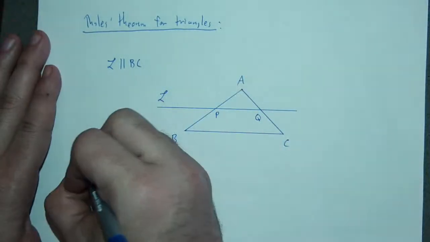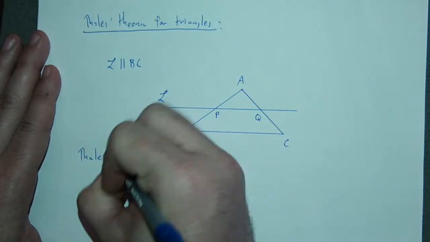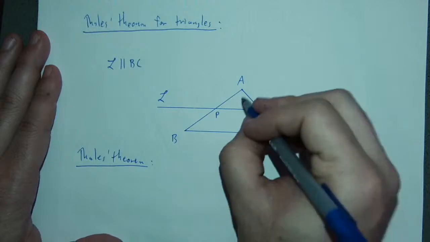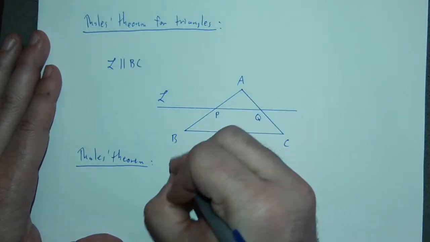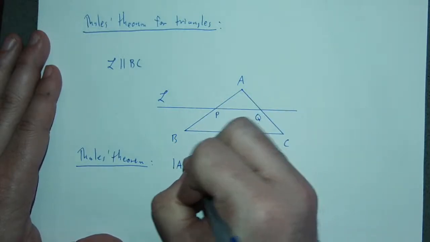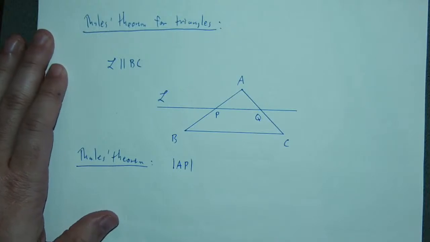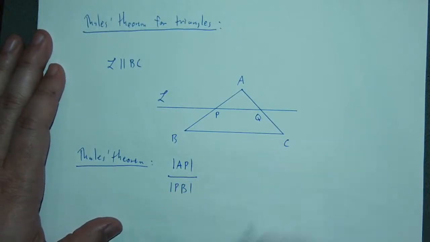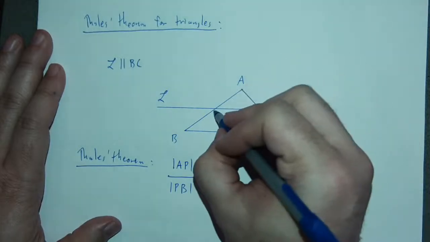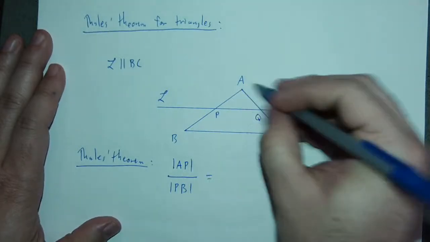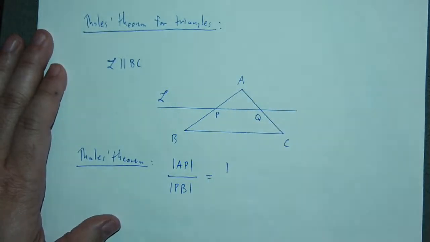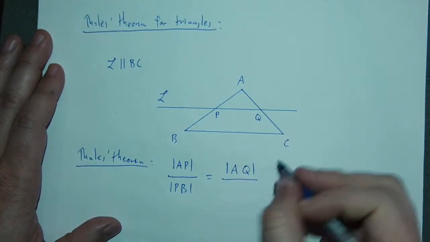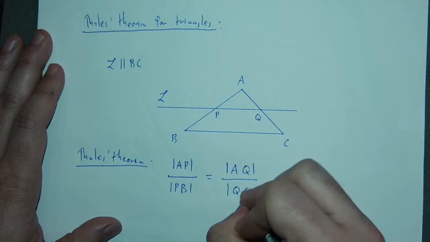Thales theorem says that the length of AP divided by the length of PB is equal to the length of AQ divided by the length of QC.